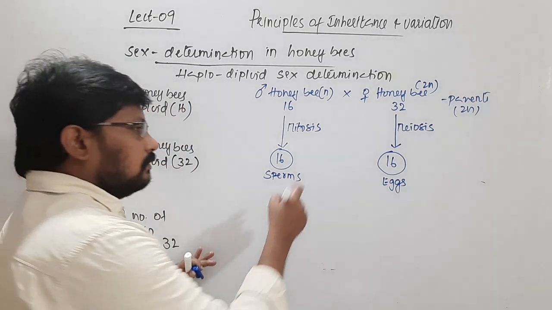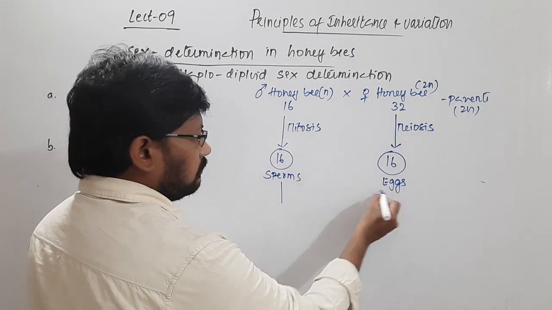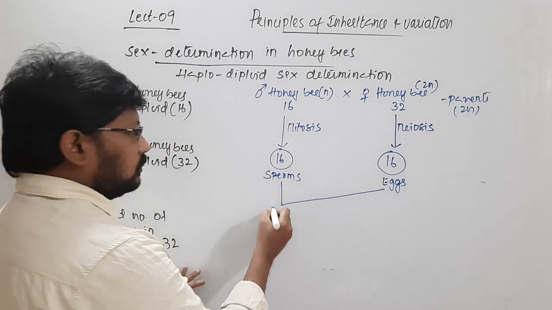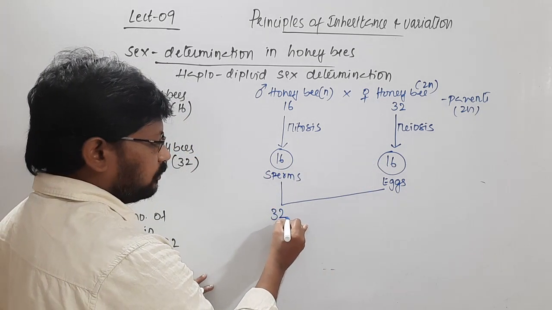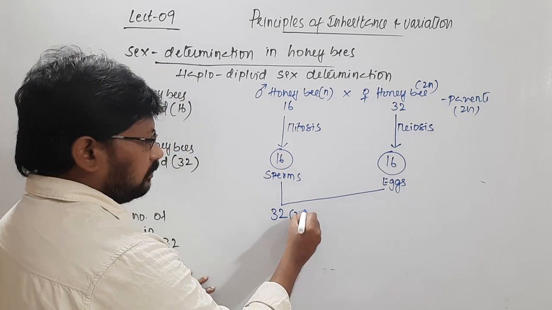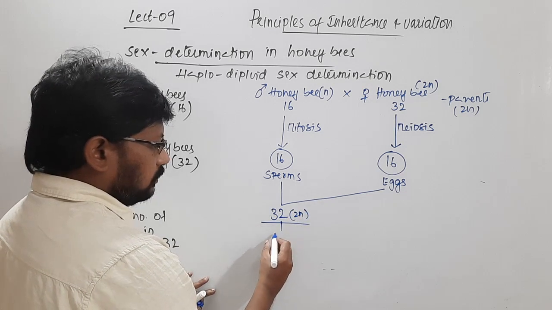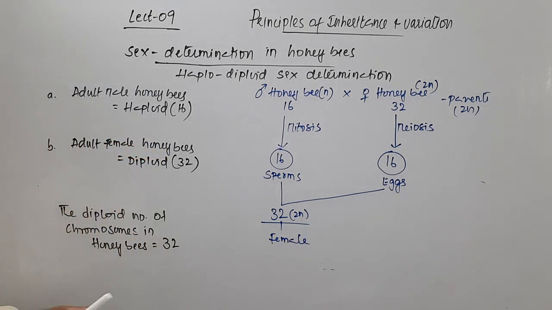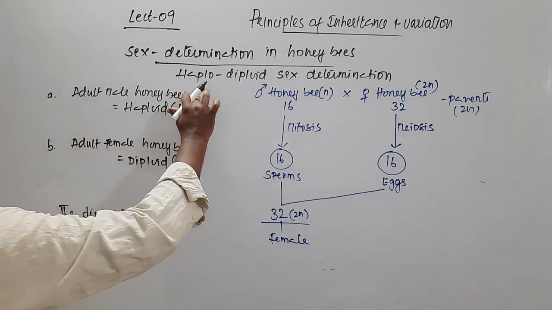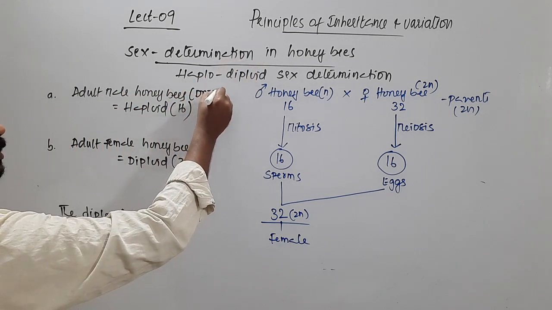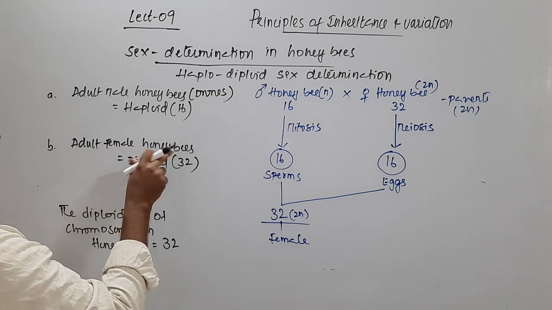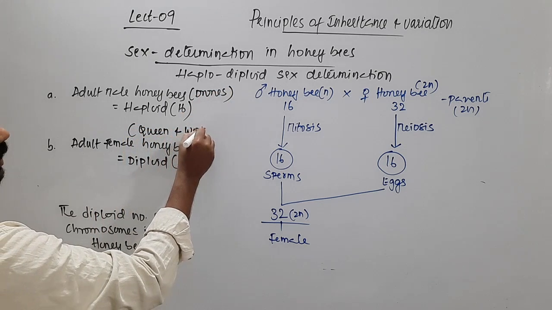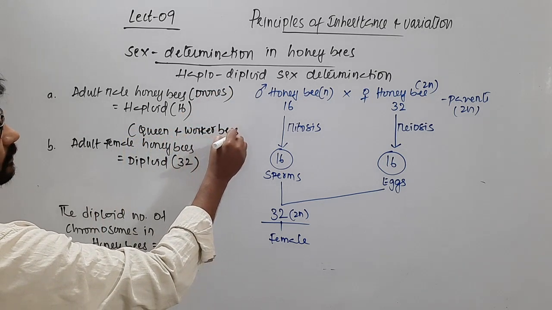Now, when the eggs are fertilized by the sperm with the 16, then of course 16 plus 16 results in the production of 32, which is diploid, and this will develop into female. Here the adult male honeybees are called drones, and in the case of adult female honeybees, we have the queen and also the worker bees.